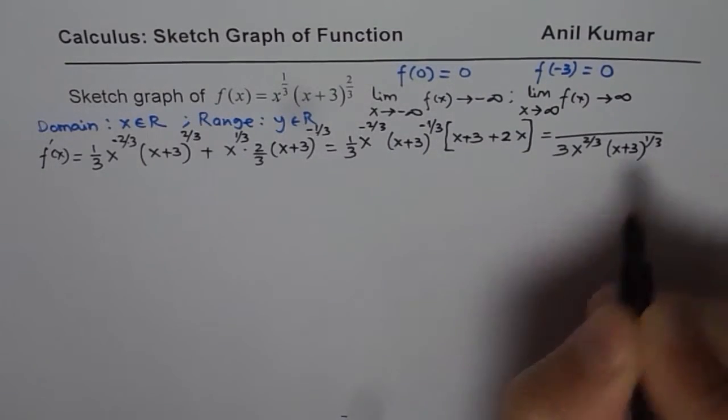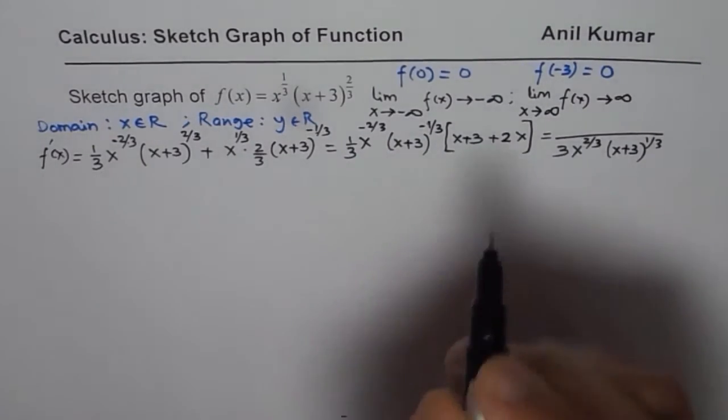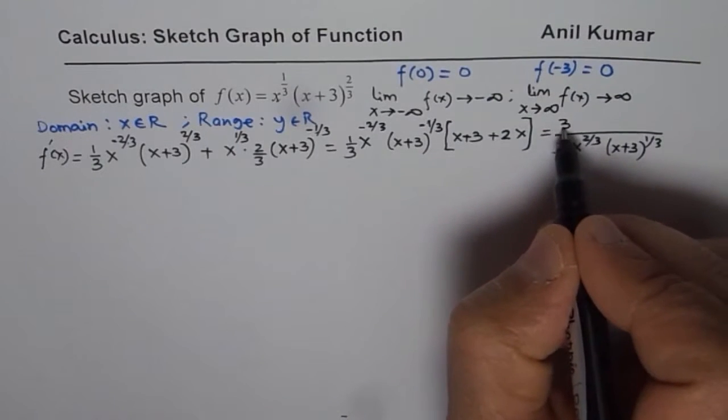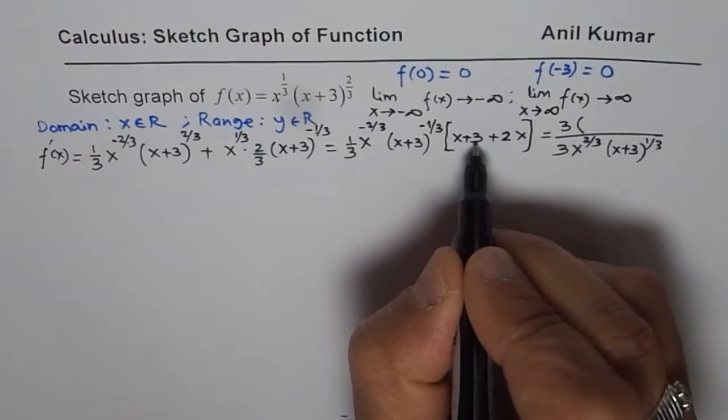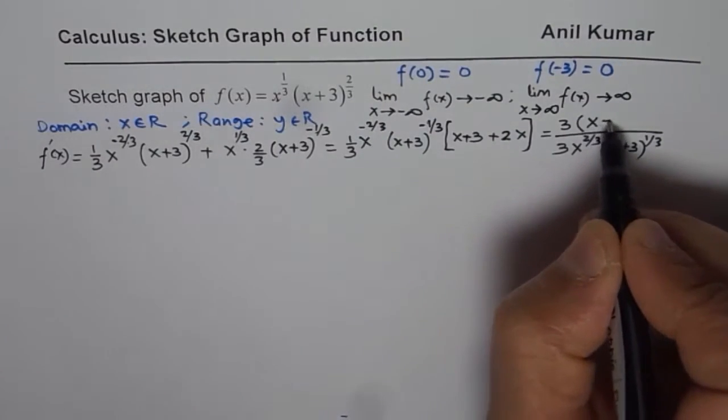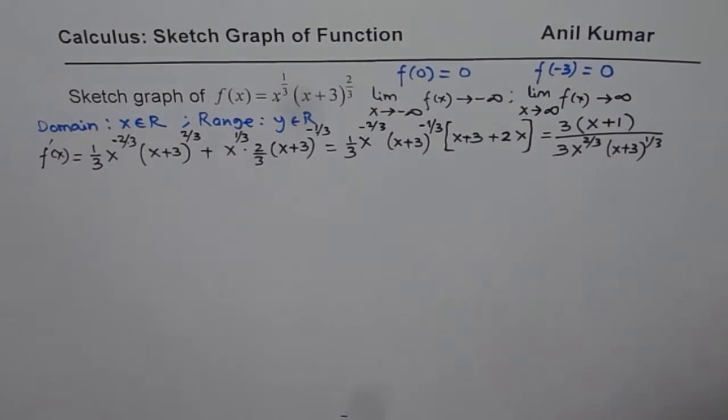I'm taking that in the denominator. In the numerator, I have 3 times, because this is x plus 2x, 3x plus 3. So I'll write this as 3 times x plus 1. Do you see that? So that is how we could simplify the first derivative.